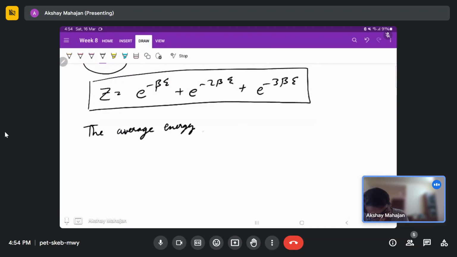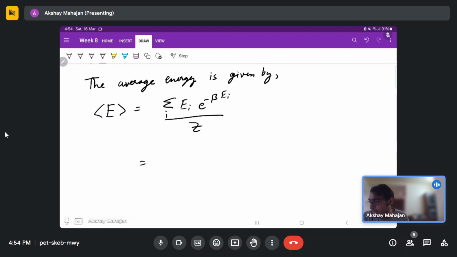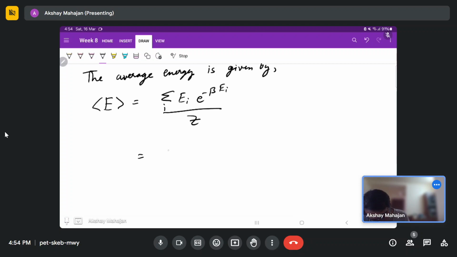The average energy is given by the summation over i of E_i e to the power minus beta E_i divided by the partition function Z. So that will be equal to: our energy could be epsilon, it will be e to the power minus beta epsilon, plus the energy could be 2 epsilon, it will be e to the minus 2 beta epsilon, and the energy could be 3 epsilon.